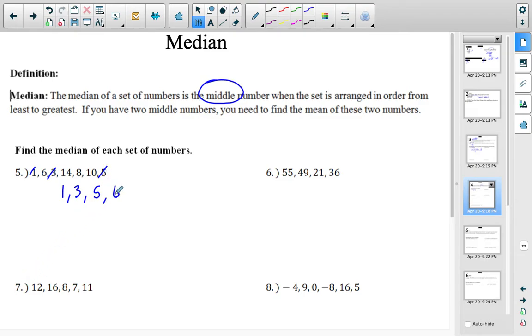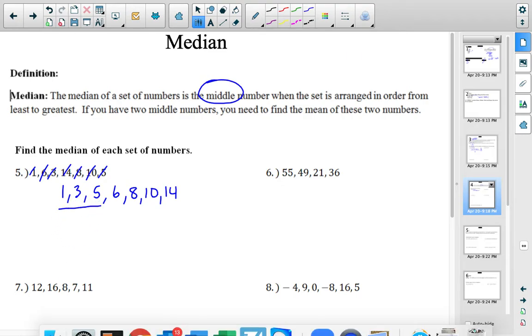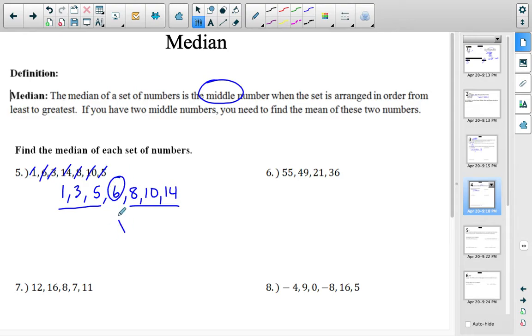What comes next? 6, 8, 10, and 14. How many do I have? 1, 2, 3, 4, 5, 6, 7. I have an odd number, so I will have one that's in the middle, right? There's 3 that are on the low end, 3 on the high end, which means this right here is my median.